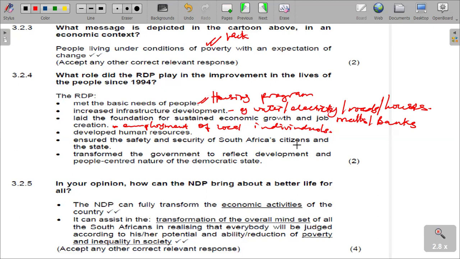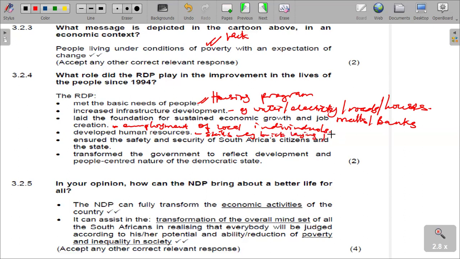That has to be an advantage which came up as a result of the RDP program. Development of human resources. This has to do with the skills. People earned certain skills as a result of, for example, bricklaying. We can talk about bricklaying.